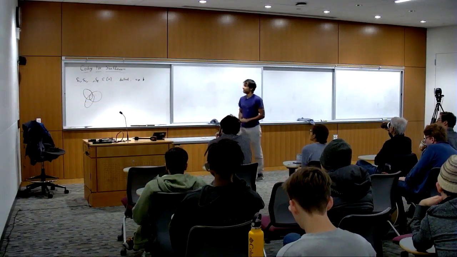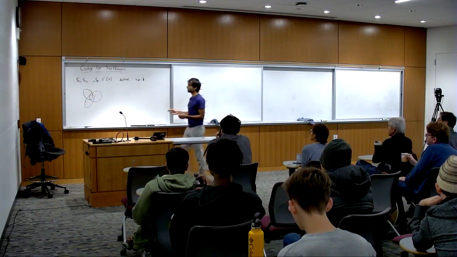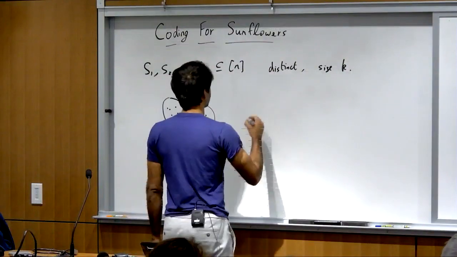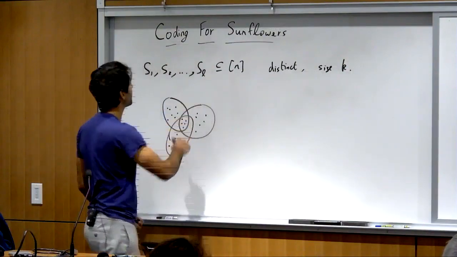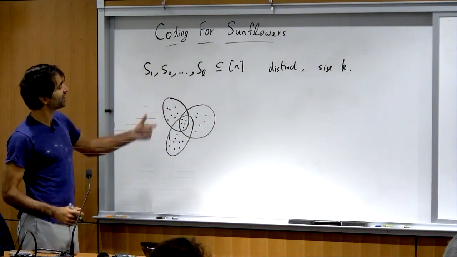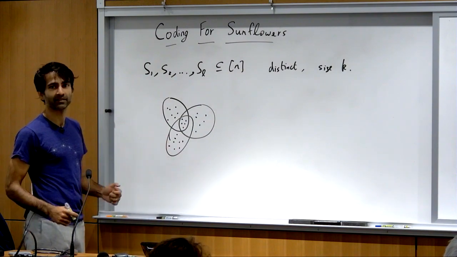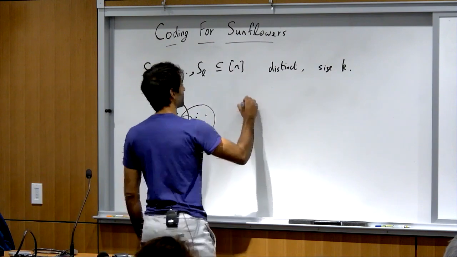And the question we're interested in asking today, and this is an old question, is how large can L be? How many sets can you have in your family of sets before you're forced to contain a sunflower with p petals? That's the main question.